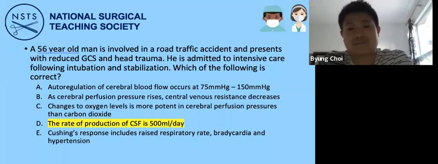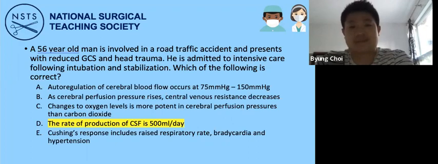Okay, so I hope that makes sense. Although cerebral perfusion pressure going up is probably because of vasodilated vessels, which means central venous resistance is low, actually what you need to think about is what the body does to try to counteract cerebral pressure rising.